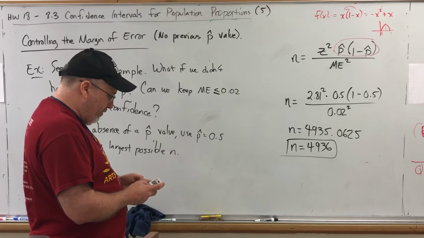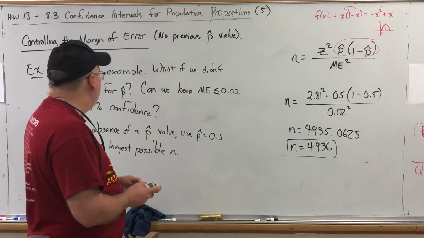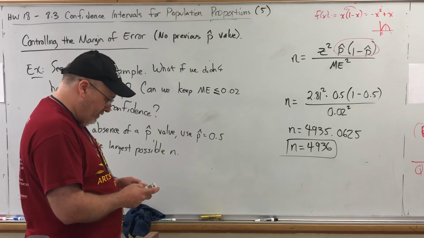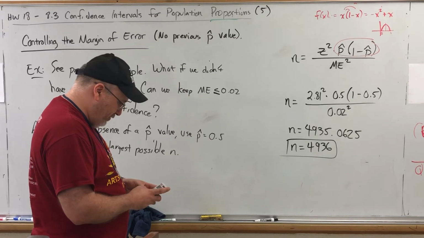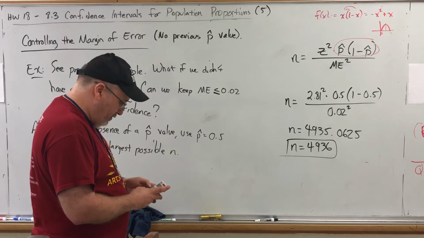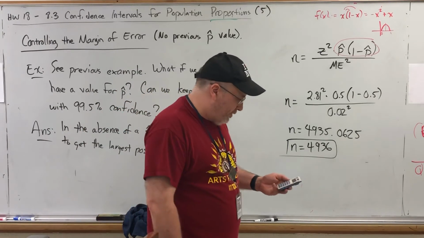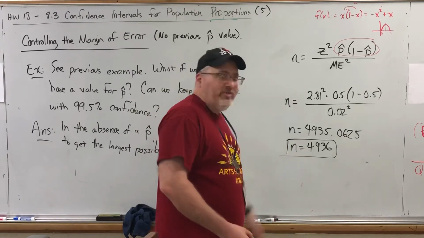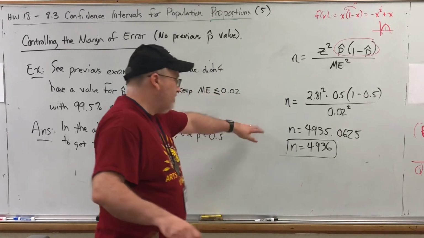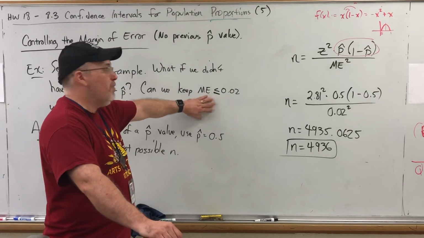Give me 1 second, I'm about to find out. 638. No, 638. Yeah, in the previous example, I believe it was 4,560. That doesn't sound right, but it was less than this. So this is the smallest sample size under any circumstances that would guarantee a margin of error less than or equal to 2%.